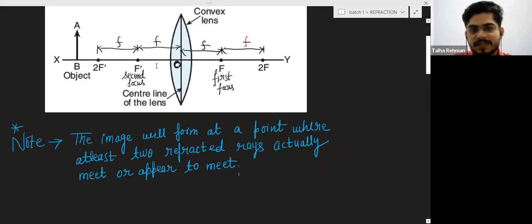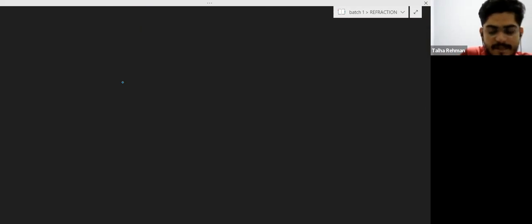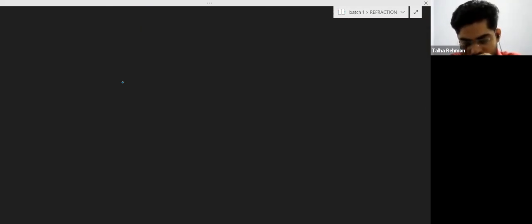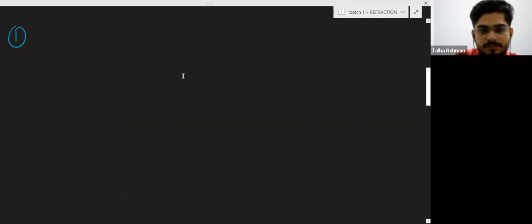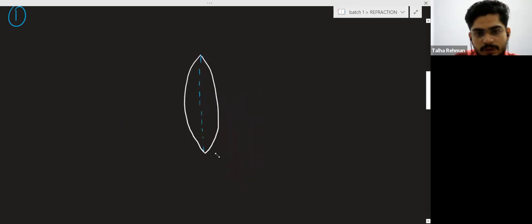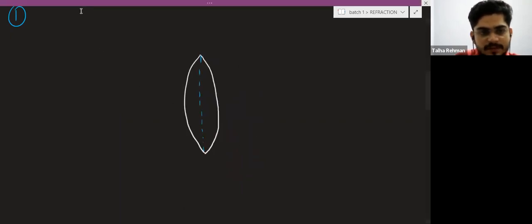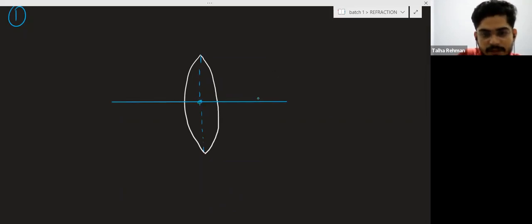So I am just placing the object here, between optical center and focus. So this is the first case, number one. Now we have this lens. And this is the principal axis. This point is optical center.